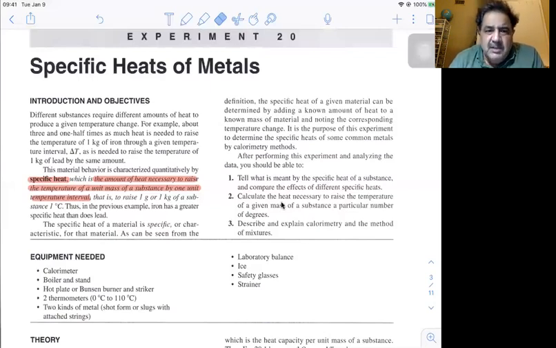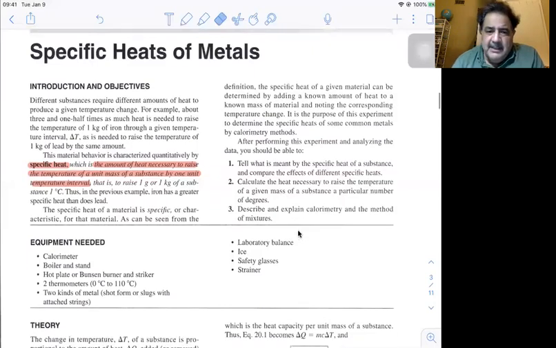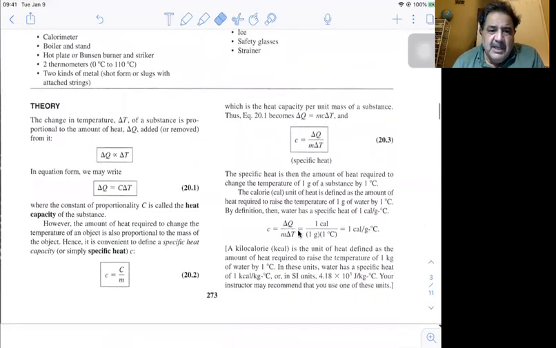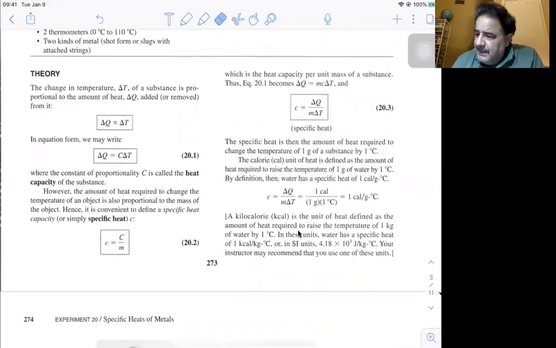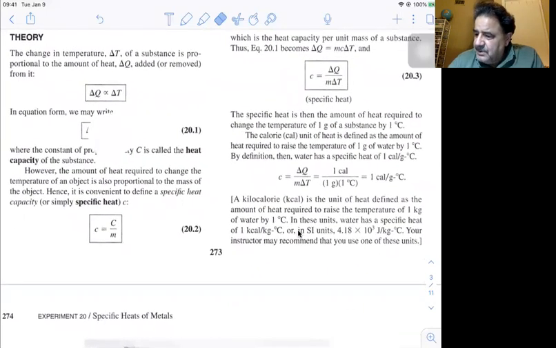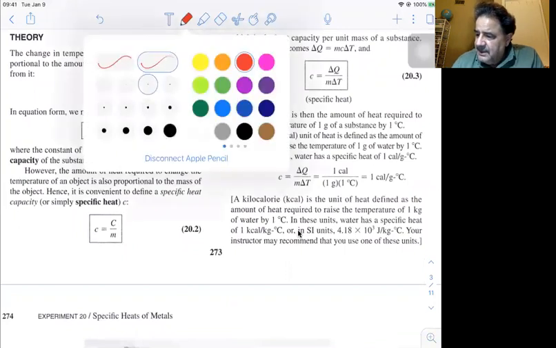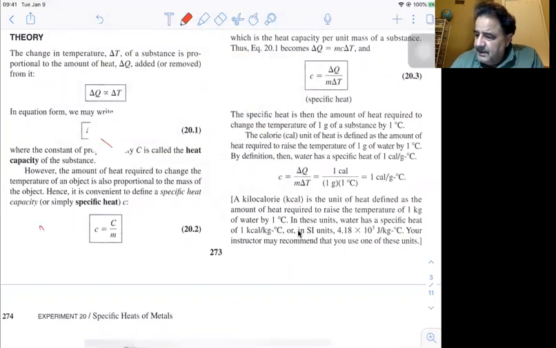Well, you need to read the introduction and objectives, and you'll see that they talk about heat capacity. That's a capital C. Heat capacity is a capital C. The capital C there, the C delta T, that's heat capacity.